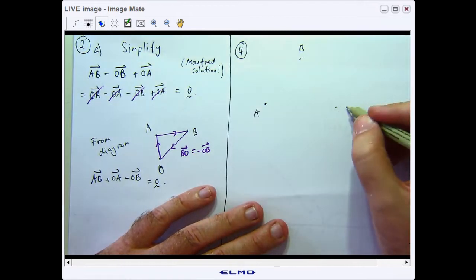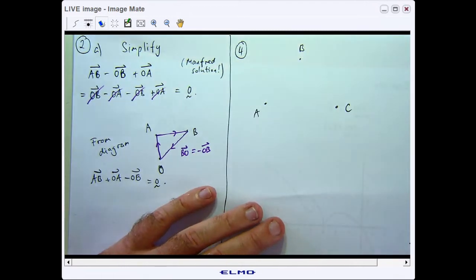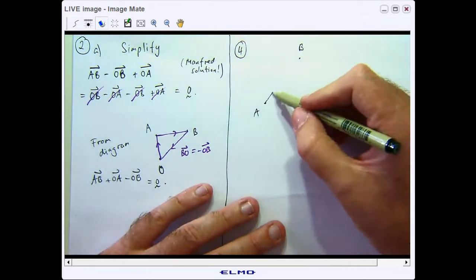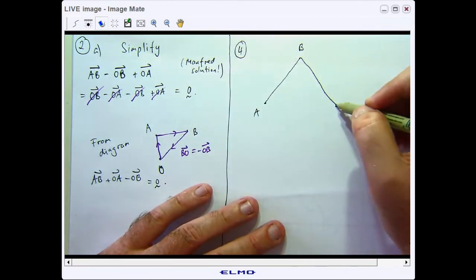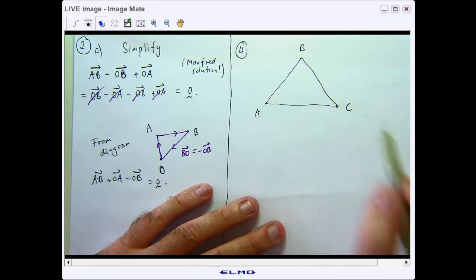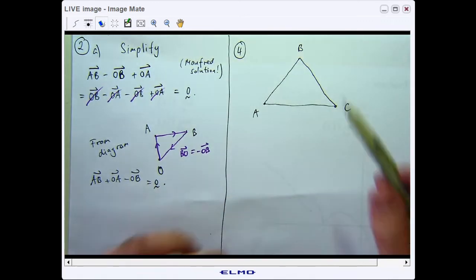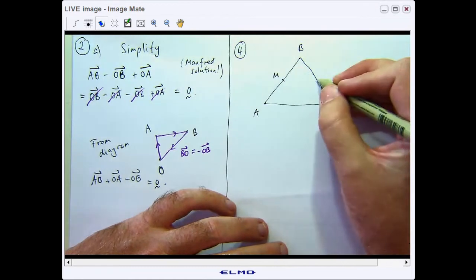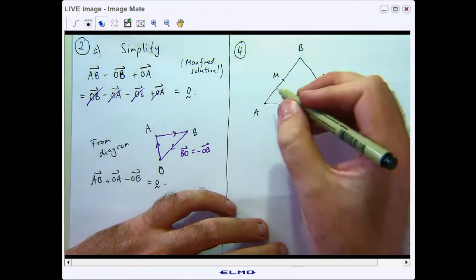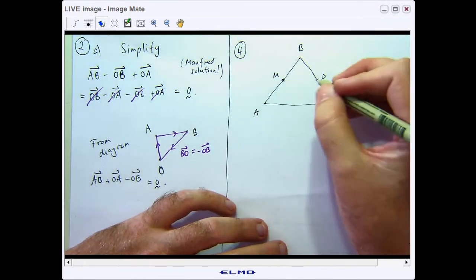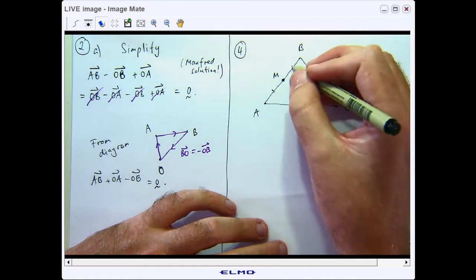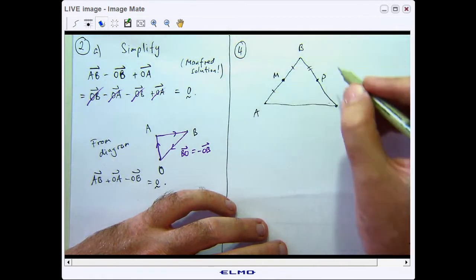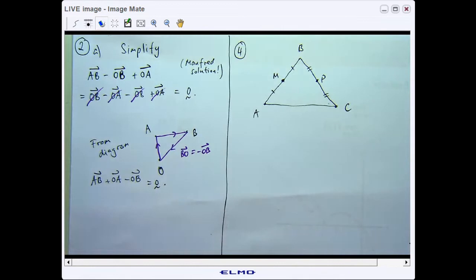So you have 3 points, A, B, and C. You can form a triangle, and then you have some extra points, which are the midpoints of the 2 sides. So that length and that length are equal, that length and that length are equal.